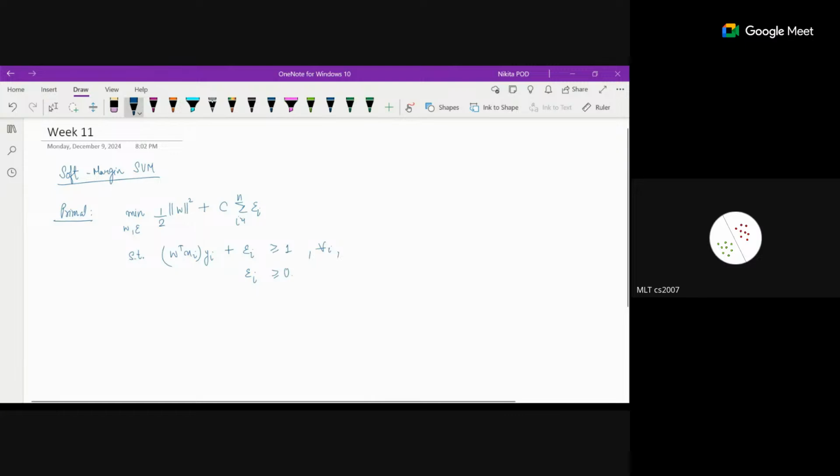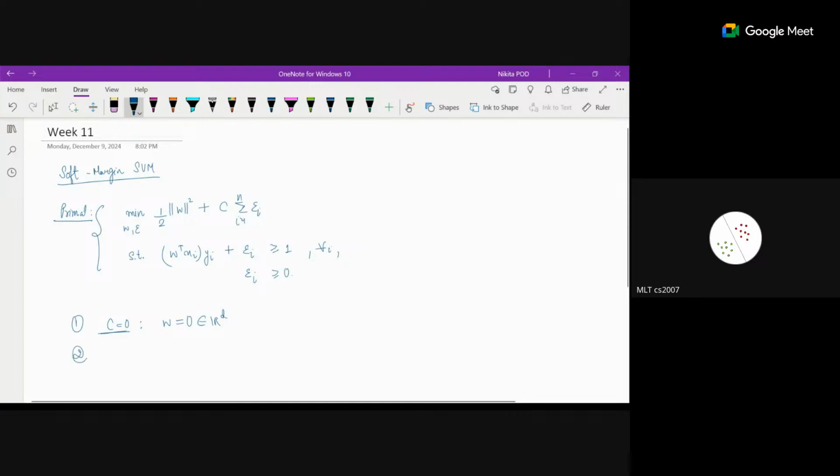We had seen that if C was 0, the bribes did not cost anything, and we concluded that the final solution to this problem would be W equal to 0, where 0 belongs to R^d.